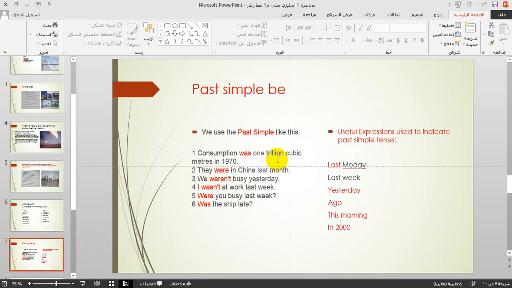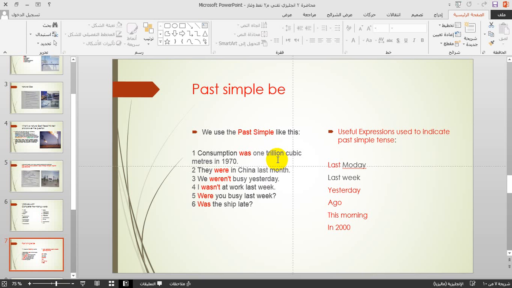The next is past simple be: is and are, so be. Now we use the past simple. This is a kind of simple revision. Like this: consumption was 1 trillion cubic meters in the 1970s. They were in China last month.